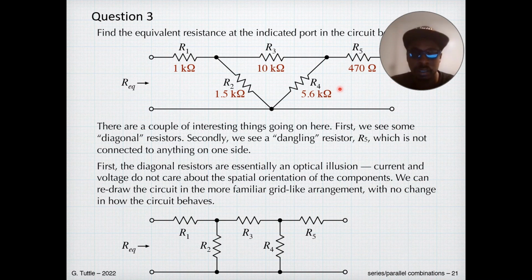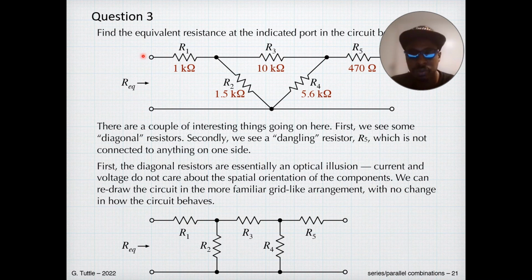All right, so current needs a closed path to flow, so it will only flow at this point, going all the way to this node, and then it will turn around and go back in this direction.